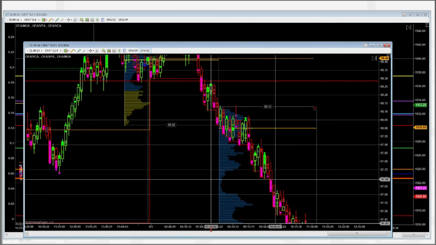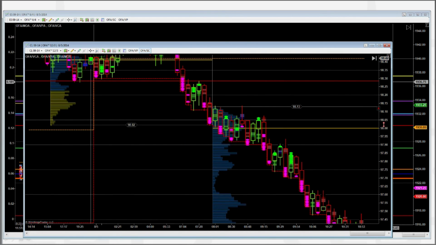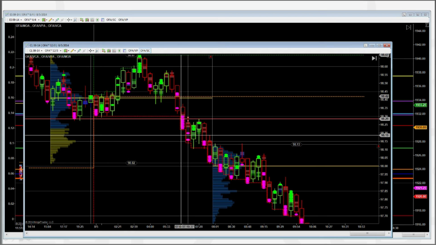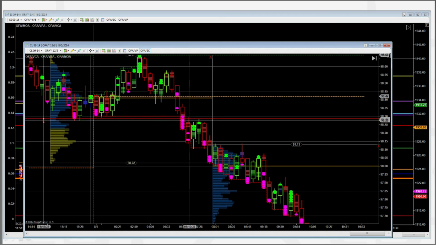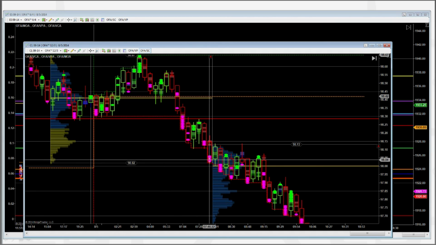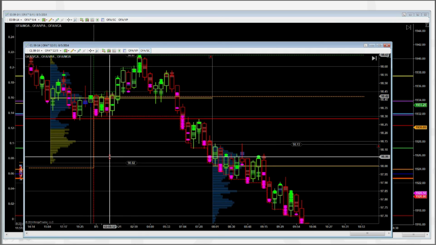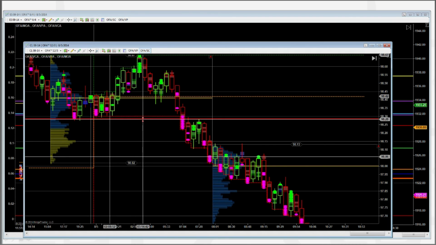Hopefully you can see this. I'll try to make it a little bit bigger. Came back up. Where did it fail? Right at that low volume area. Failed and moved lower. In the overnight, it created another low volume area right here.